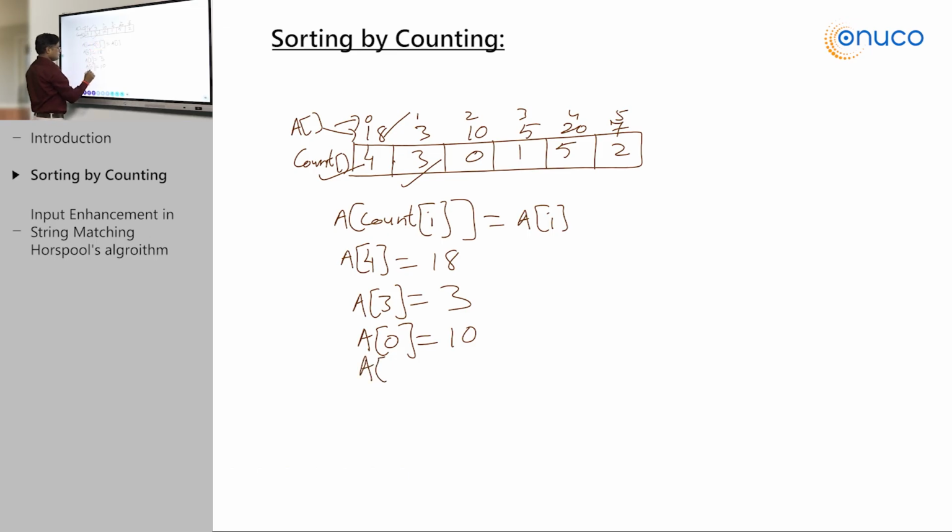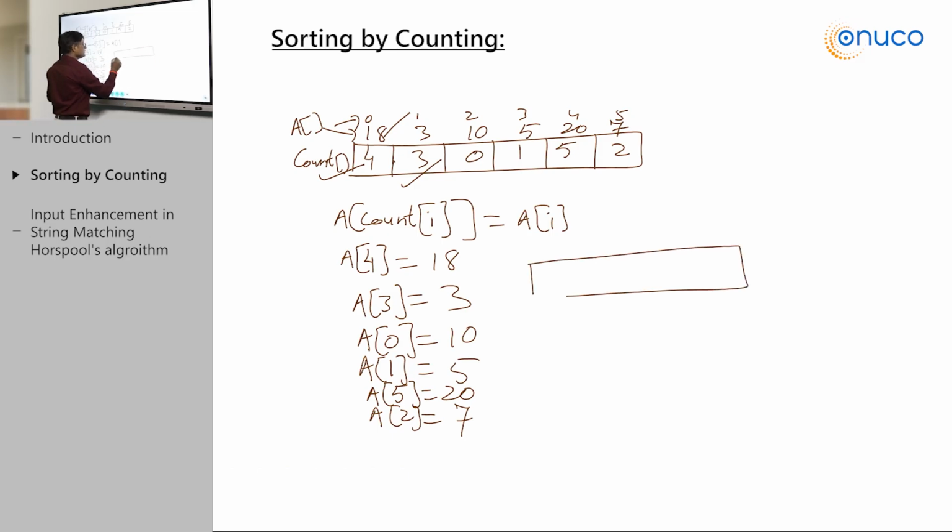Similarly, A of 1 is equal to 5, A of 5 is equal to 20, and A of 2 is equal to 7. So look, based on the count values, we assign these values. And of course, when you write the array A, this is your output.